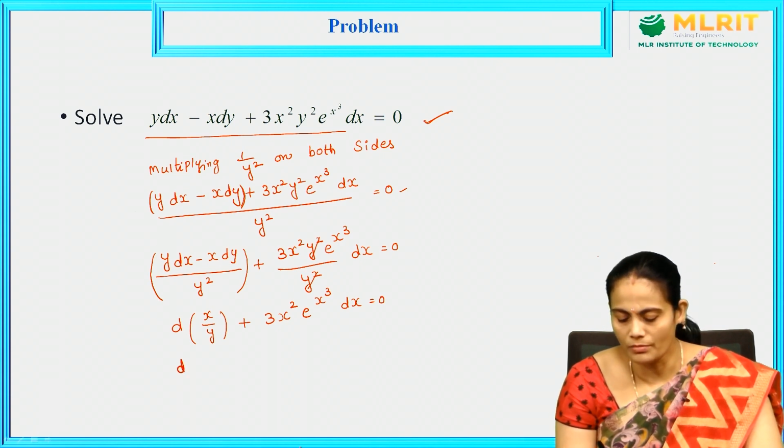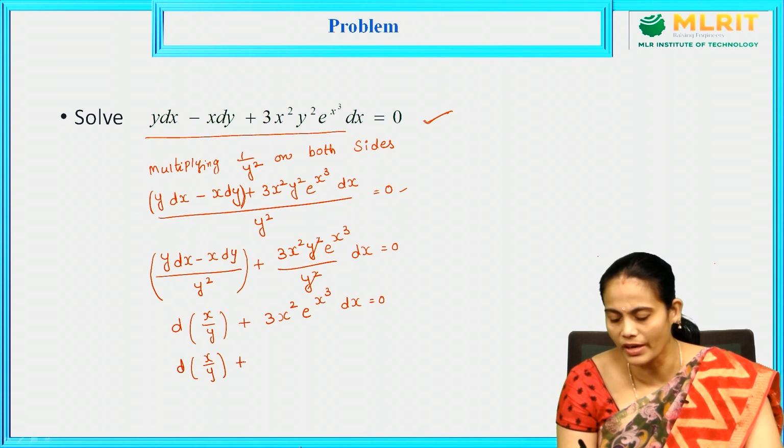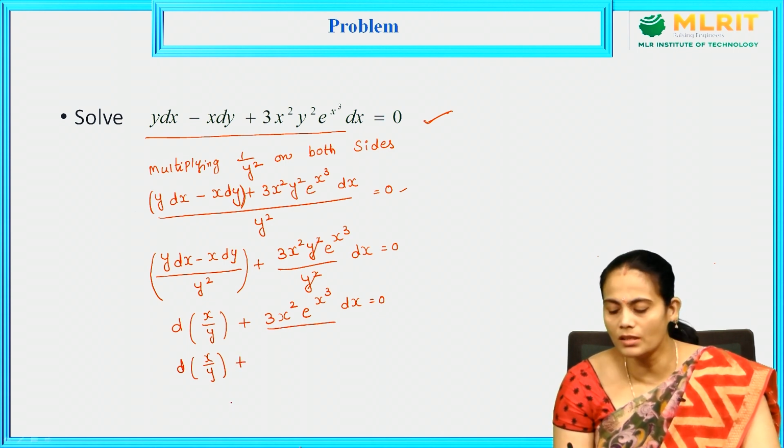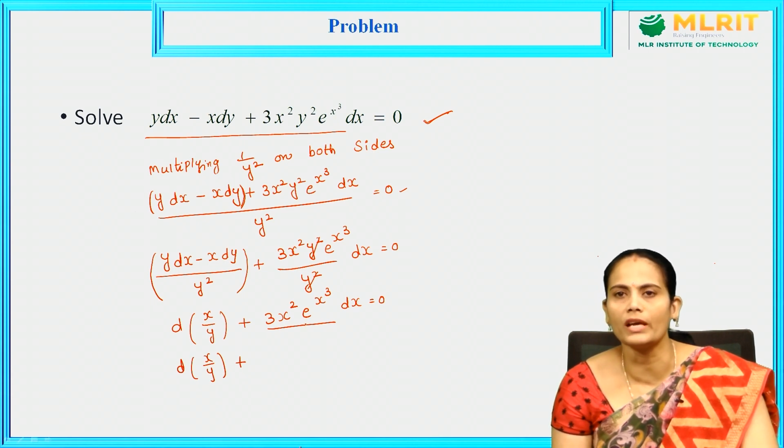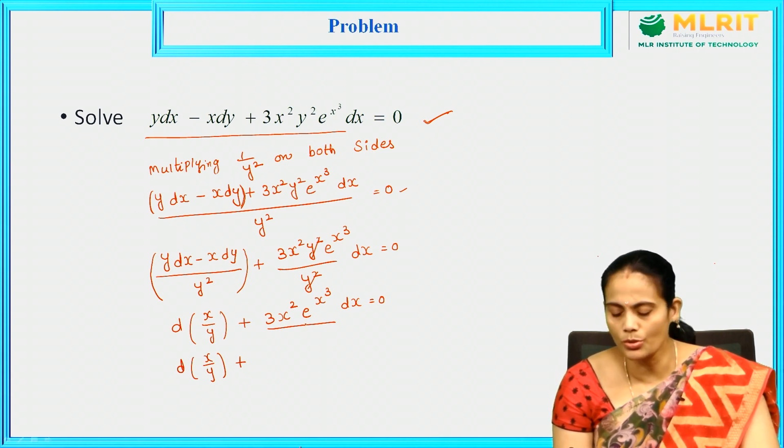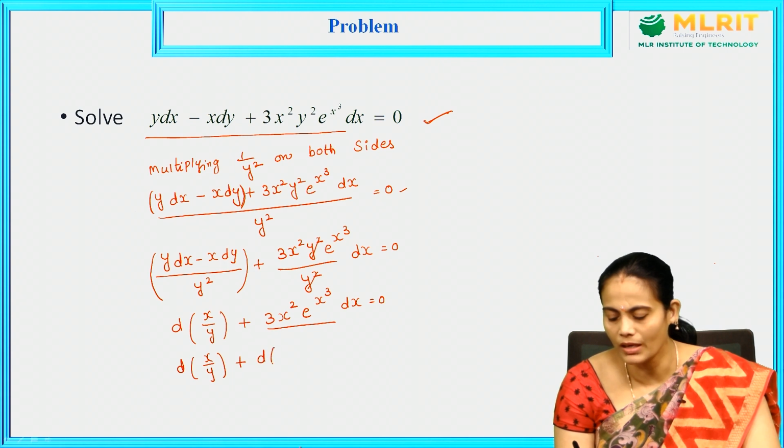So the first term is the derivative of x by y, plus the second term, which is in terms of x, can also be written as the derivative of e power x cube, is equal to 0.